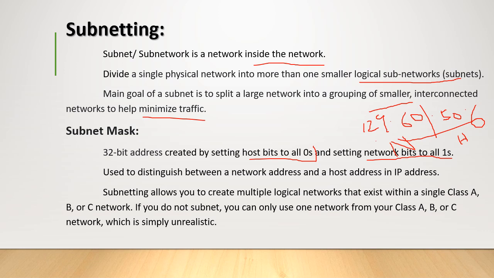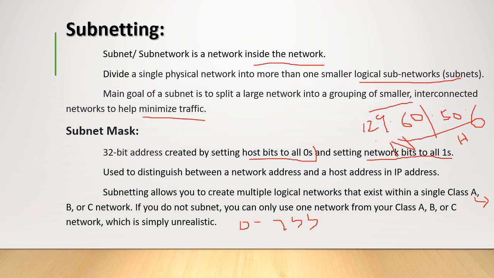Suppose you take a class A. By using the subnet mask, I am going to divide it into smaller networks. If subnetting is not there, I am going to use the given IP addresses 0 to 255 only. I can't use the remaining addresses. In order to get more subnets, we are going to use the subnet mask.